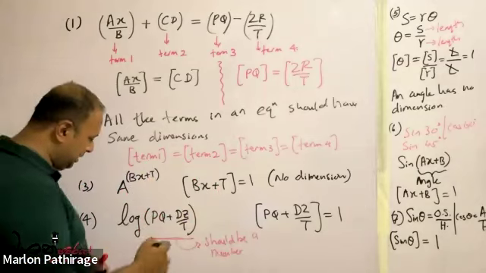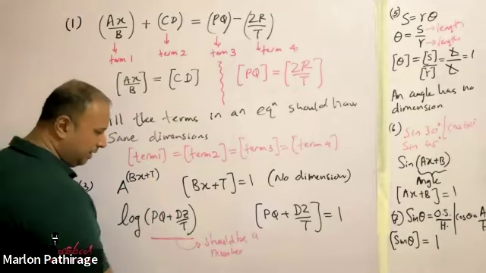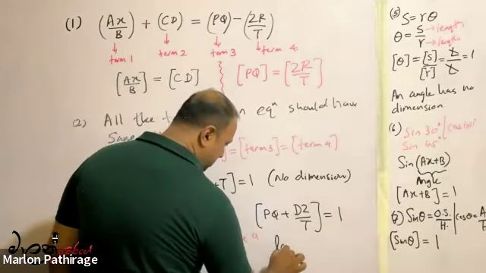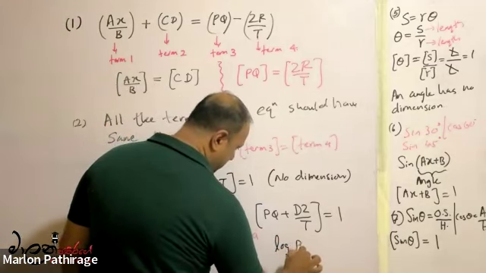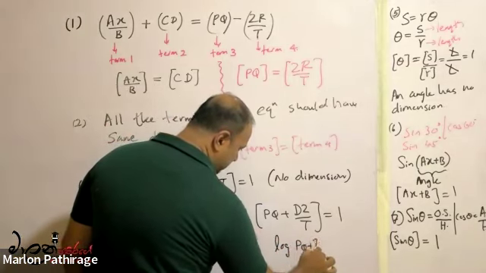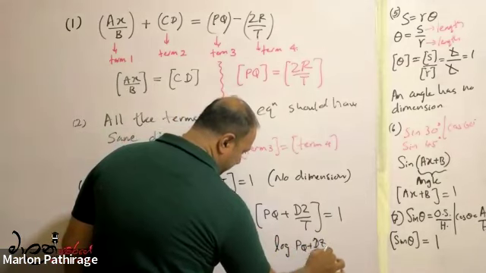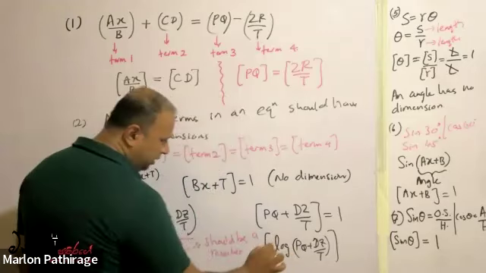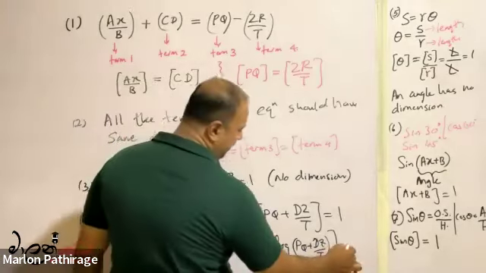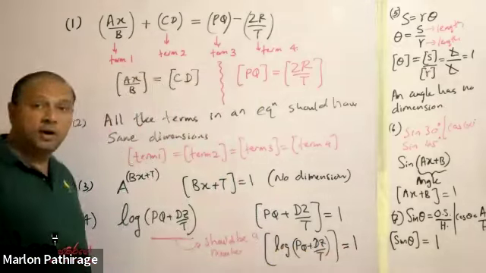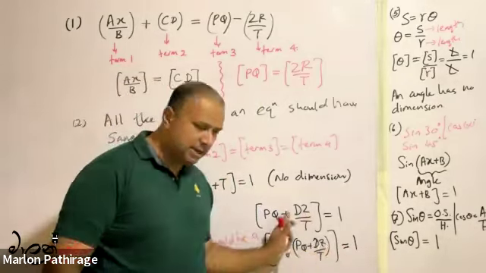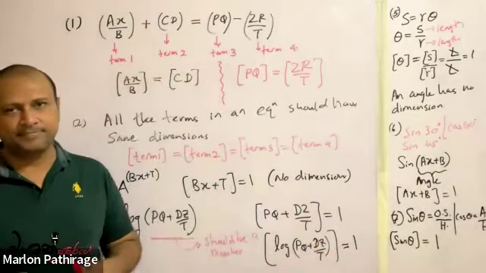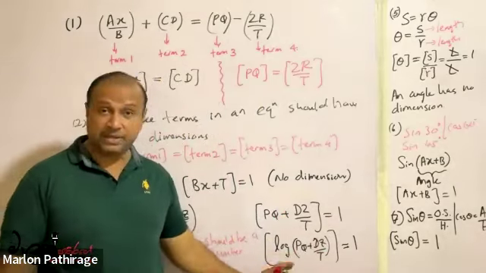So if you consider the dimension of the entire logarithm function, that means log of PQ plus DZ over T, that also equals 1, because this part is a number. Because we have discussed that thing.